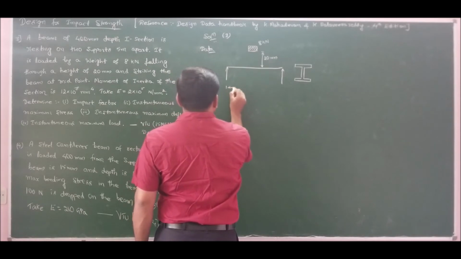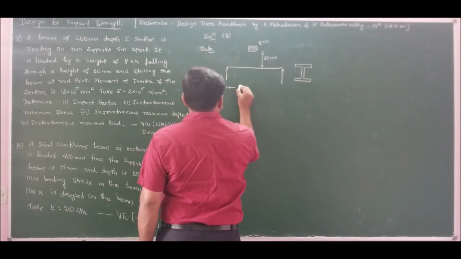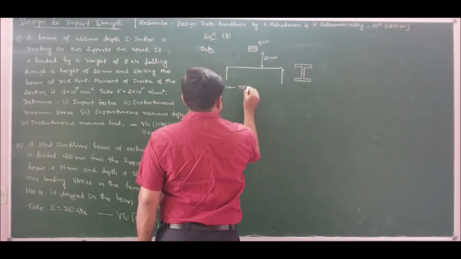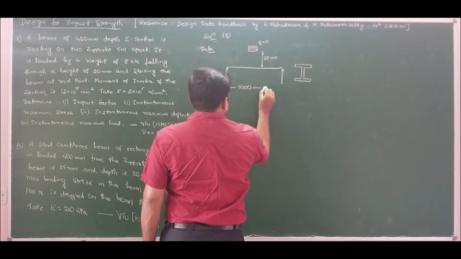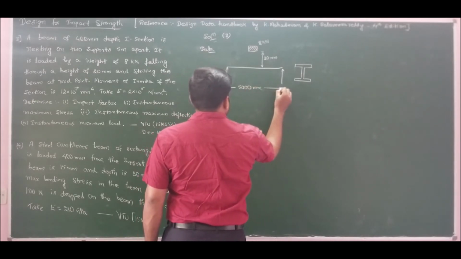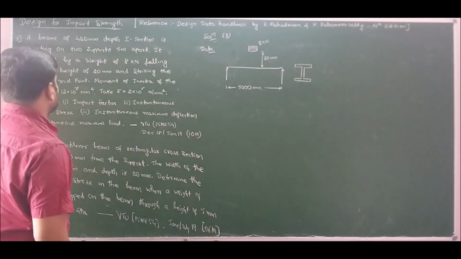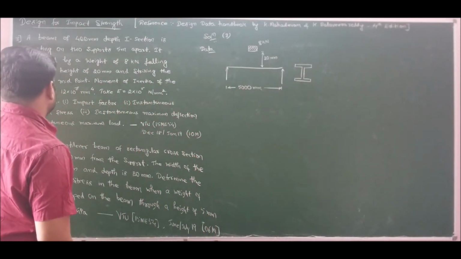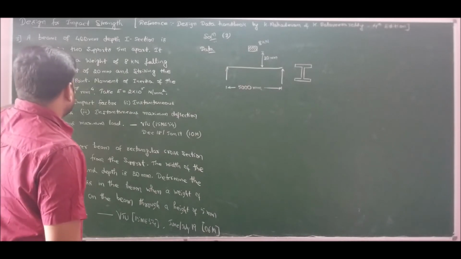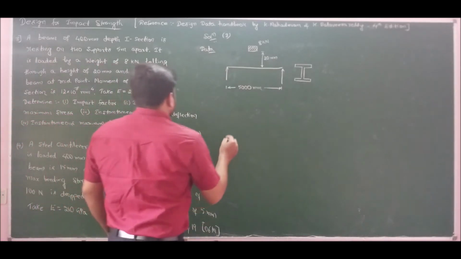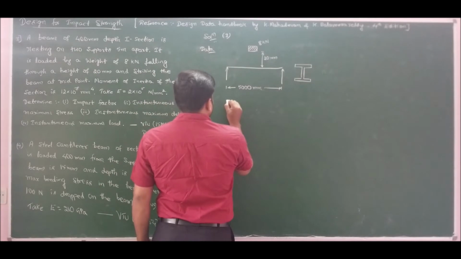The span length of this simply supported beam is 5 meters, which is nothing but 5000 millimeters. It is striking exactly at the midpoint, and he has given the moment of inertia of this section.